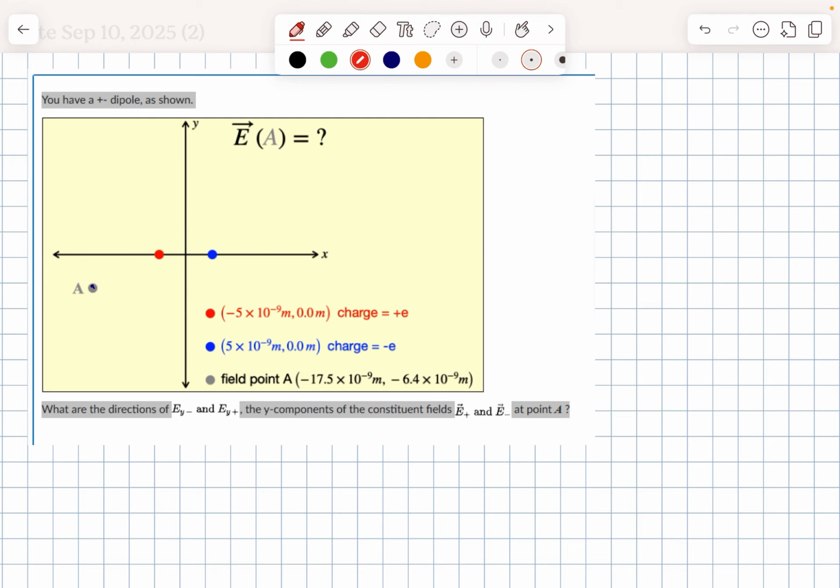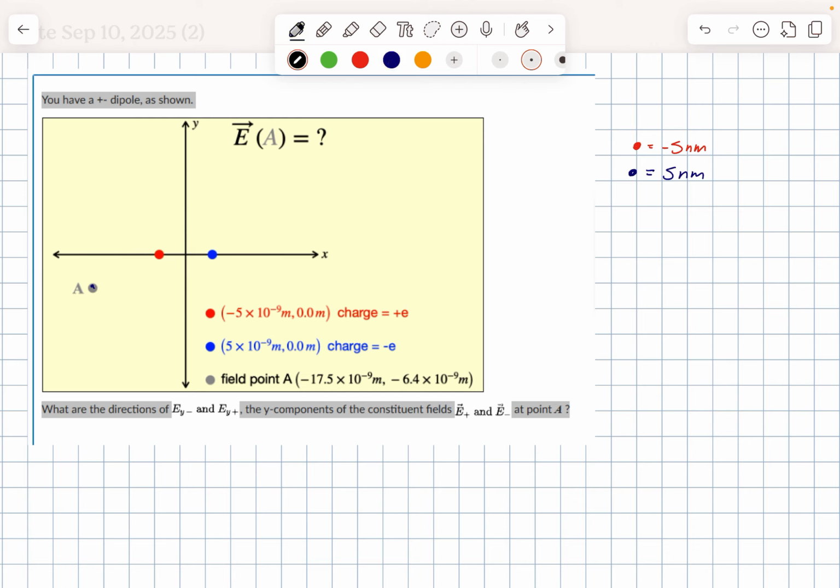We know that our proton is located on the x component at -5 nanometers. And it's obviously at the origin, so there is no y value, which is 0. And then for our electron, we're located at 5 nanometers in the positive direction.